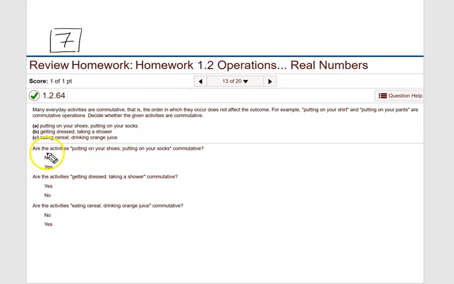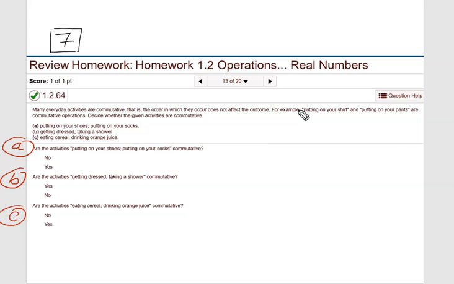Take a moment, look at these, and we can call these like A, B, and C. And we're going to ask you whether or not these activities would be considered commutative. That is, you can do one before the other without anything unusual.